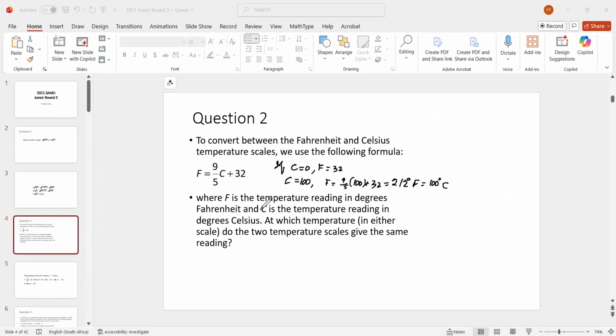Okay, now the actual question is at which temperature do the two temperature scales give the same reading? In other words, you want the F value to be the same value.